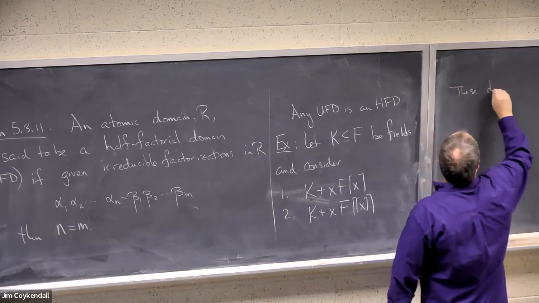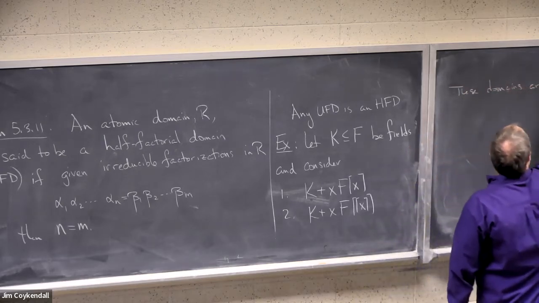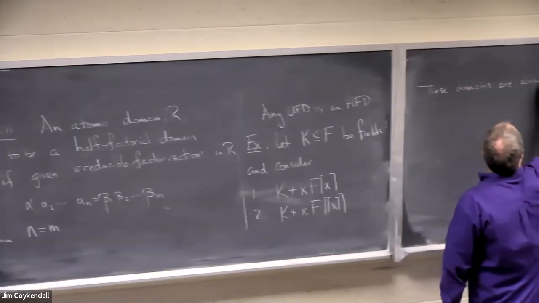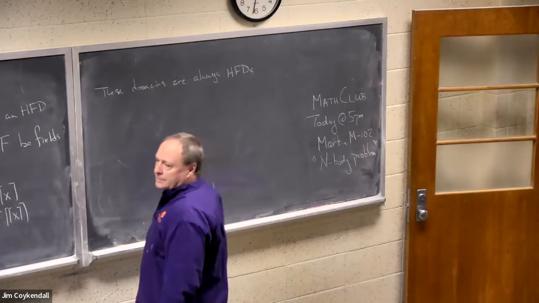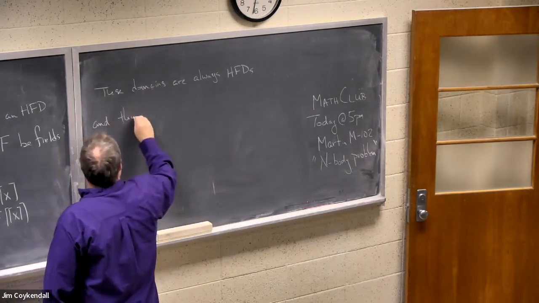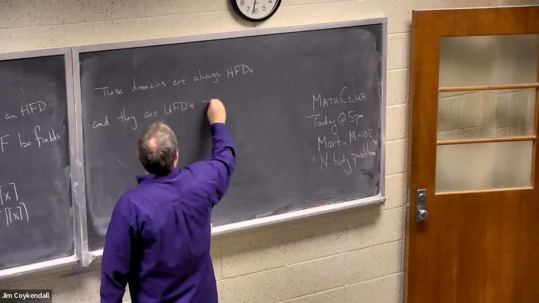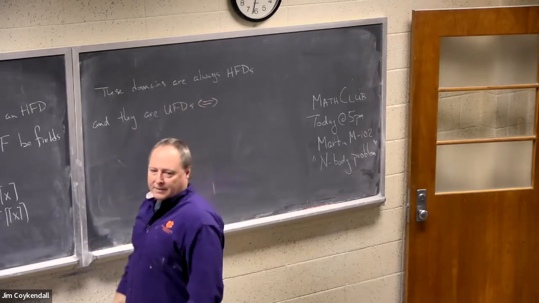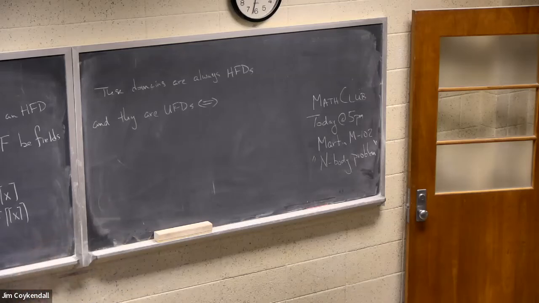These domains are always HFDs, and they are UFDs if and only if... I want you to guess: what condition do I have to have on the fields K and F to be a UFD?